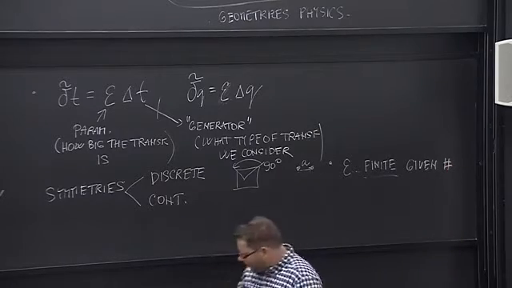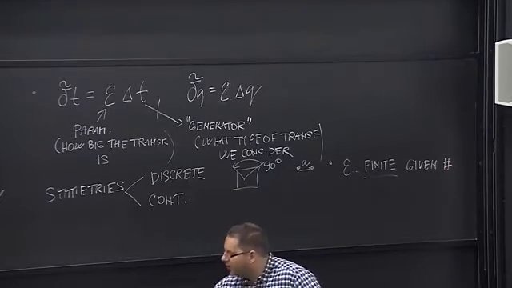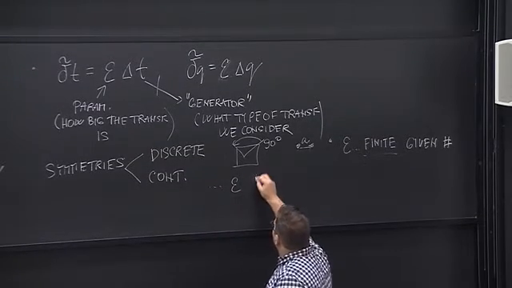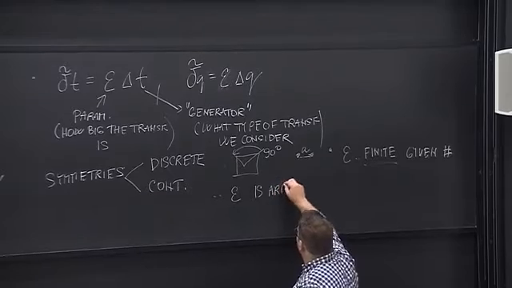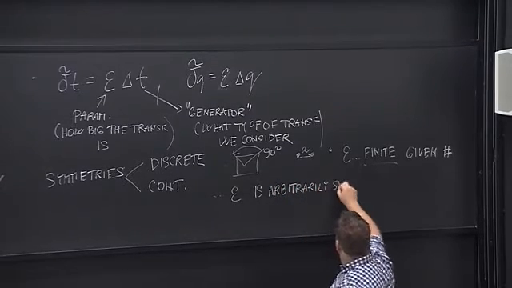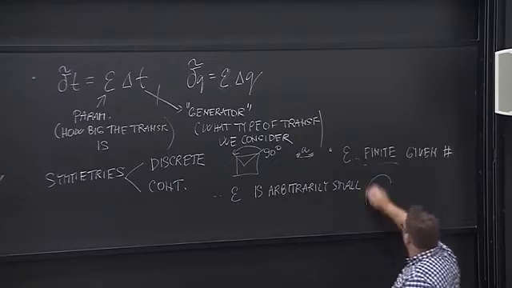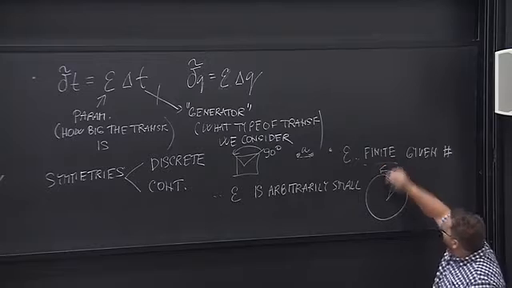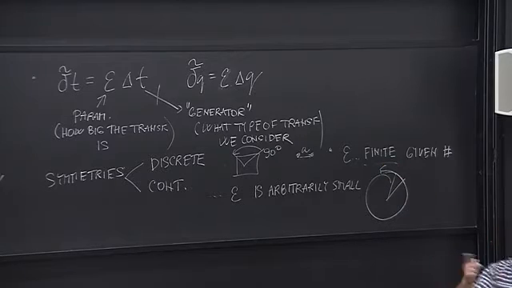Of course, the continuous symmetry is such that epsilon can be infinitesimal, arbitrarily small. An example is a circle: no matter how small a rotation I perform, it will rotate into itself. That's an example of continuous symmetry.